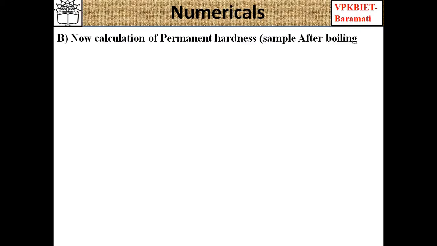The second part is the calculation of the permanent hardness of the water sample. Permanent hardness is measured on the sample after boiling. We already know the given values after boiling.